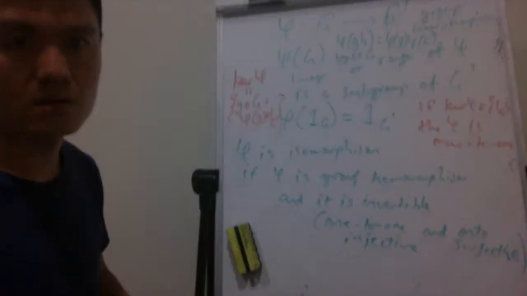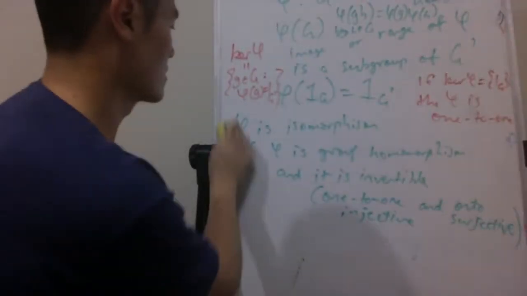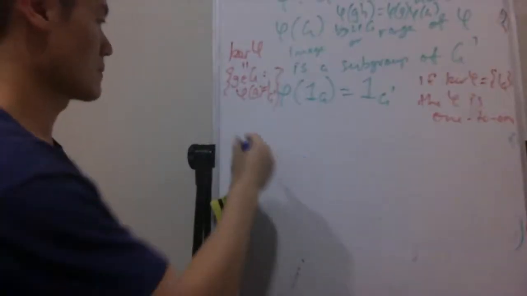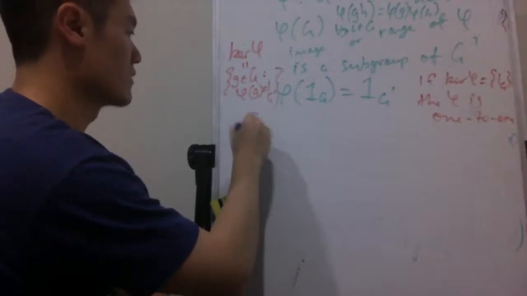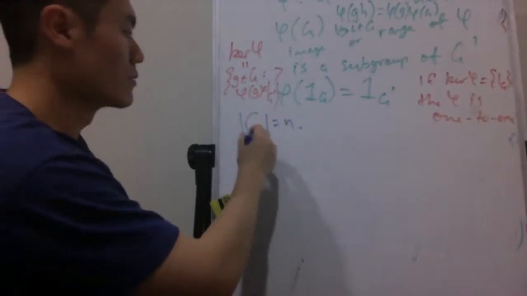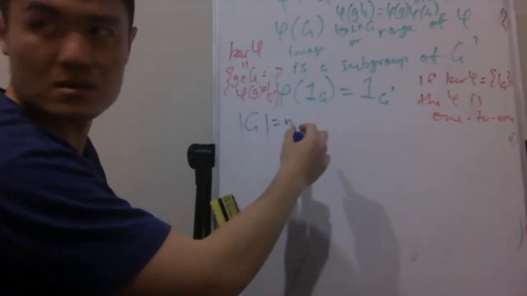Okay, so basically, what you do. So I'm gonna erase this. So G is finite. Suppose it has n things. Label the elements of G from 1 to n. That make sense?